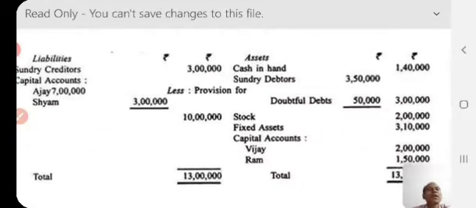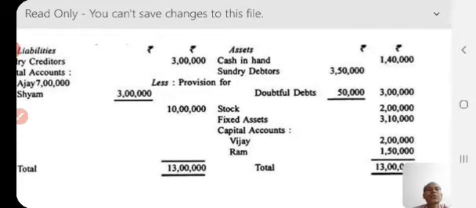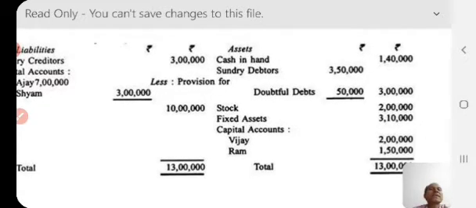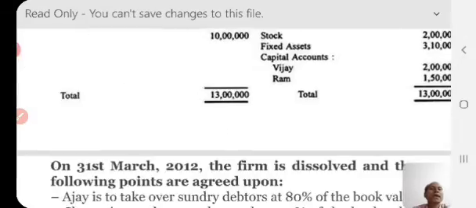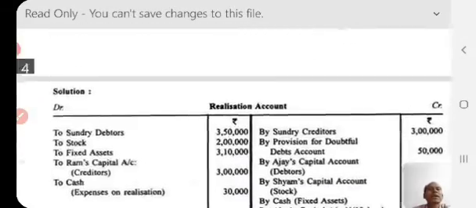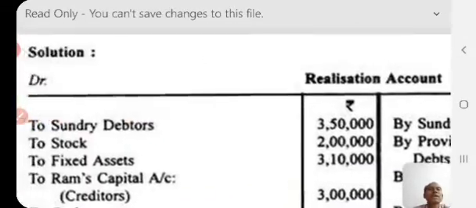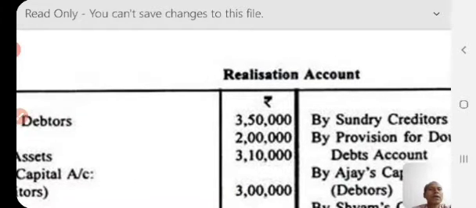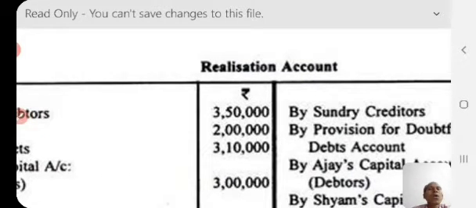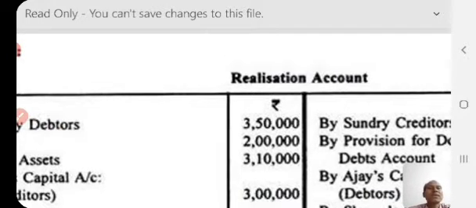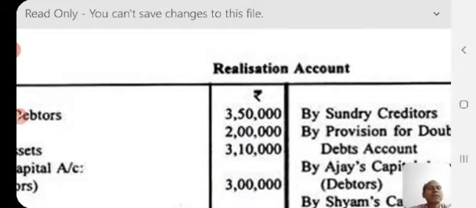What are the assets? Cash in hand should not be written. Sundry debtors: here 3,50,000 is written. Or we may write that directly as 3 lakhs.